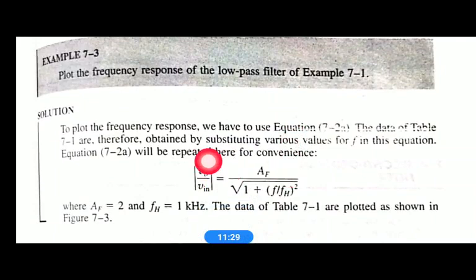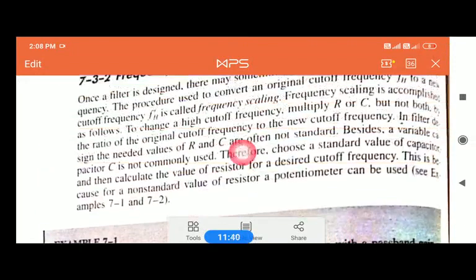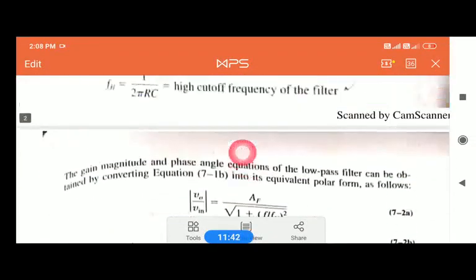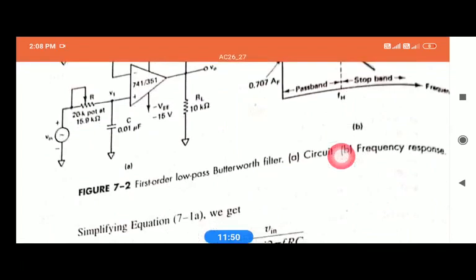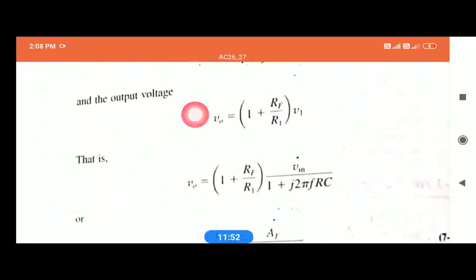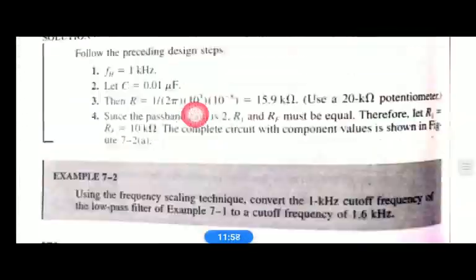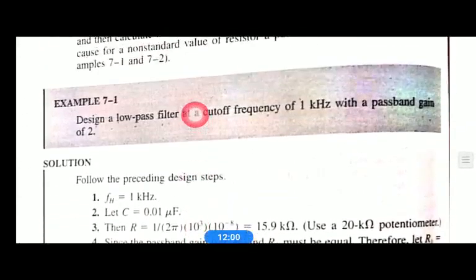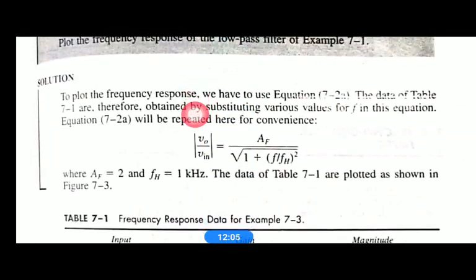The next example problem is to plot the frequency response of the low pass filter of example 7.1, for the circuit and values which we solved in that example.